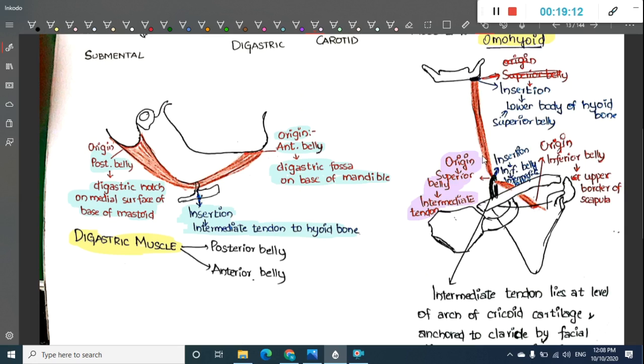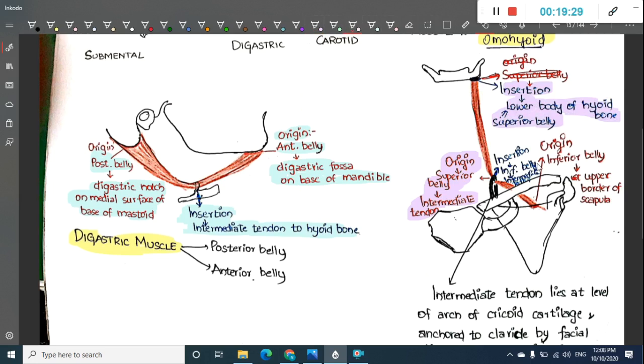The superior belly of omohyoid originates from the intermediate tendon, and its insertion is at the lower border of the hyoid bone.